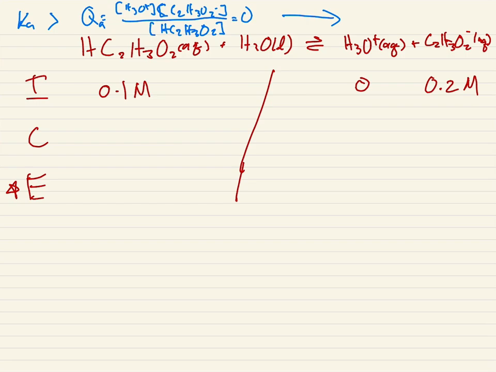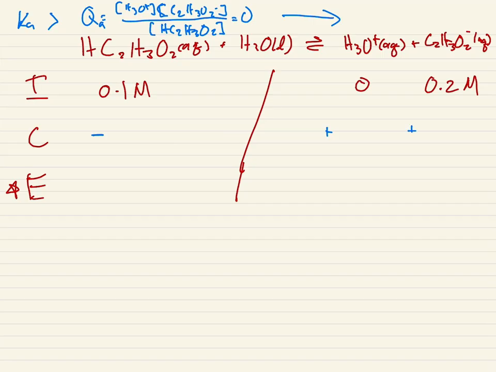Generally, if we start with something with 0 concentration, we're always going to be moving in that direction. So what should the sign be for our acetic acid, positive or negative? Negative, because we're losing that on the way to equilibrium. And for H3O plus and acetate? Positive for both, right?